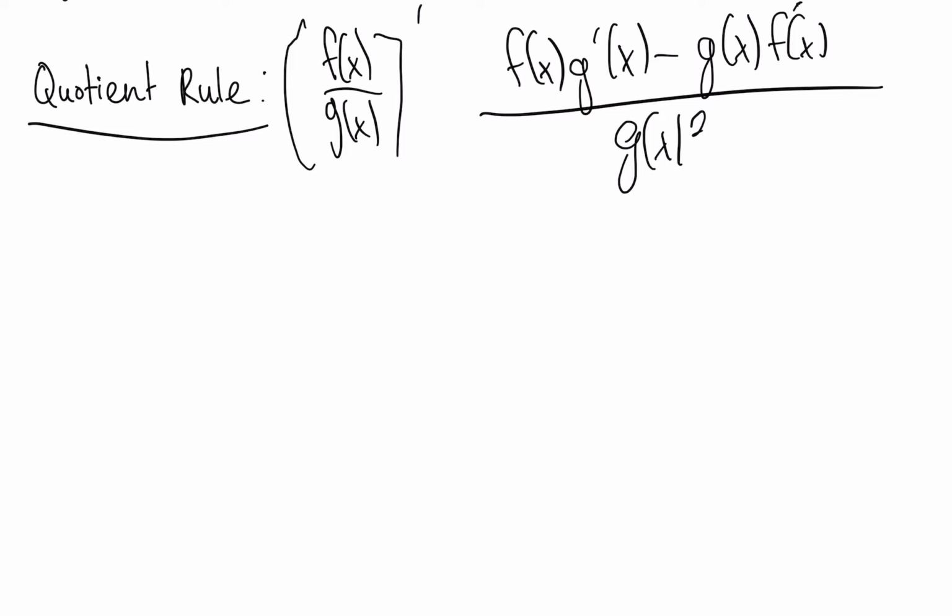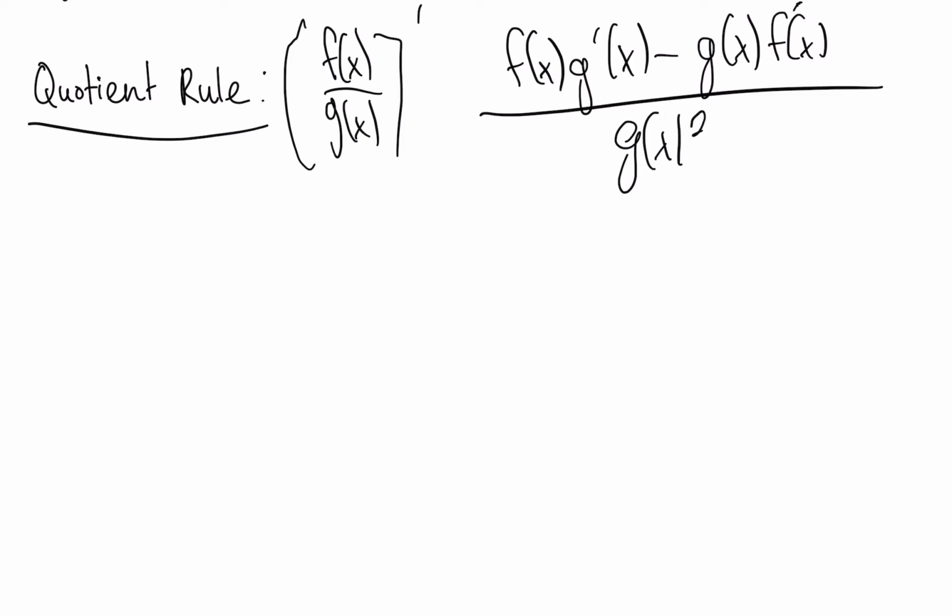And the way my math teacher would help me to remember this was that low d high minus high d low over low squared shall go. Boom. You have to stomp at the end to really remember it.